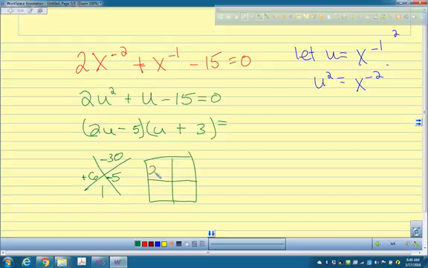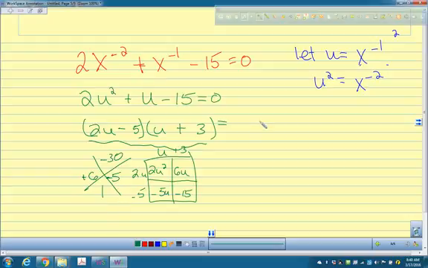You put your 2u squared, I was just trying to avoid this, your negative 15 over here, your 6u over here, and your negative 5u over here. Then you pull out a common factor, 2u, put u minus 5 and plus 3, right? This was that cross and box method. Those are those two factors: u plus 3, 2u minus 5. You guys remember that? Okay.